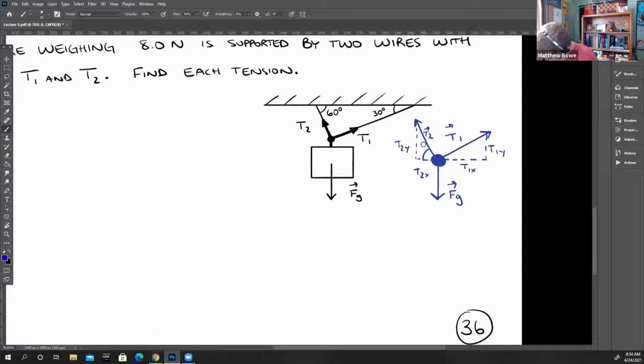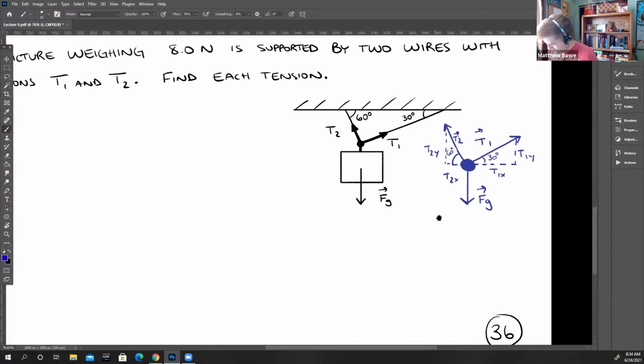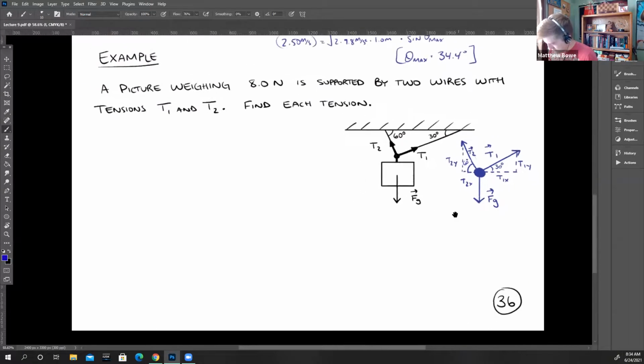By that logic, that also makes this 30 degrees. Okay. So we have the sides of the triangles defined, and we have the angles given already. Let's split this up into its components.